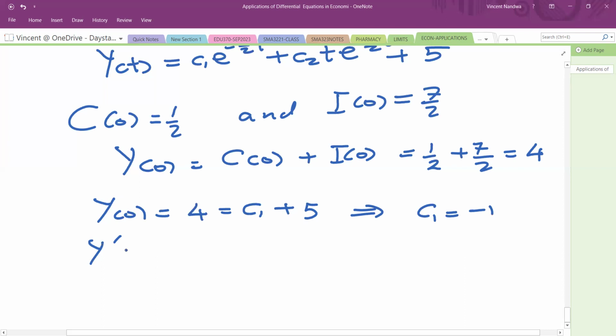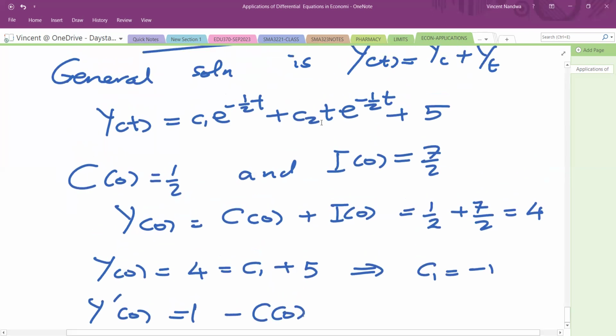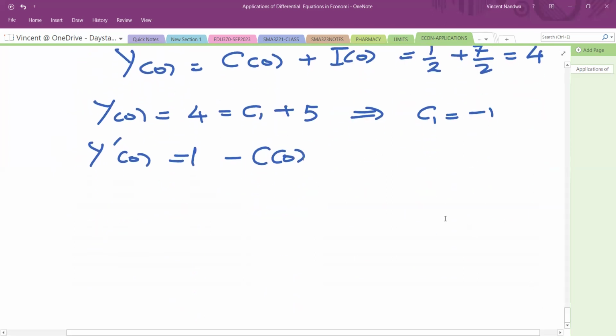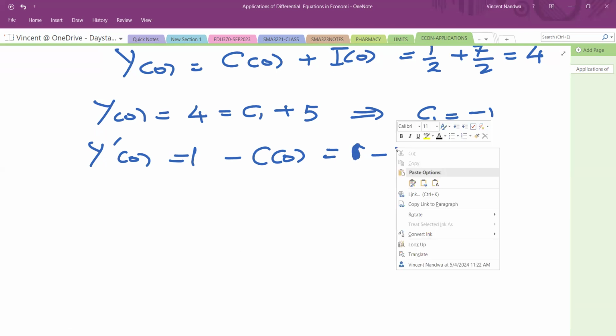Then y prime at 0 is the same as 1 minus C at 0, which is 1 minus a half.